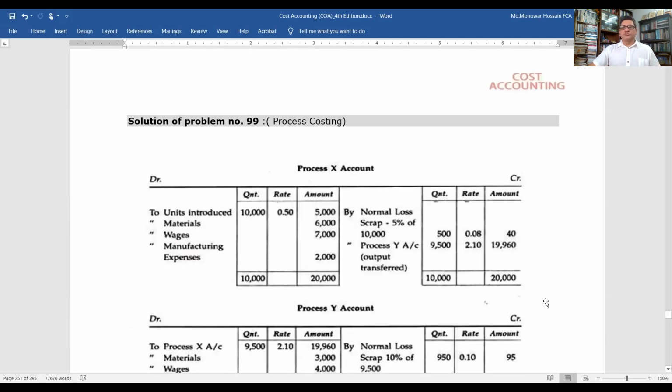So here 40, total 20,000. Look here on the debit side of process X, the total amount is 20,000, and on the credit side also 20,000. So the cost of 10,000 units is 20,000 taka, and the output of finished goods of process X transferred to process Y has a cost per unit of taka 2.10.